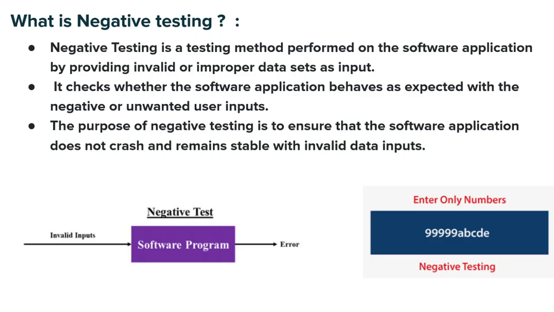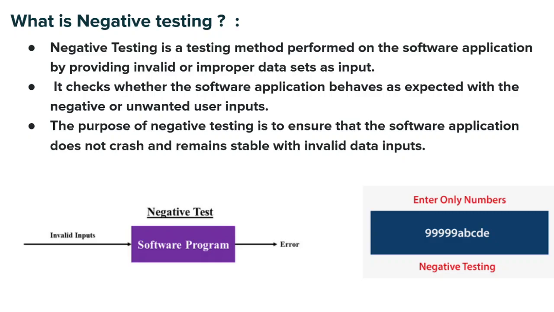So in negative testing, we mainly have to verify that such negative or invalid inputs are correctly handled by the application or not. The application should show some error messages. It should guide the user that he has done some incorrect action or provided some invalid inputs. Such scenarios we have to handle during negative testing.